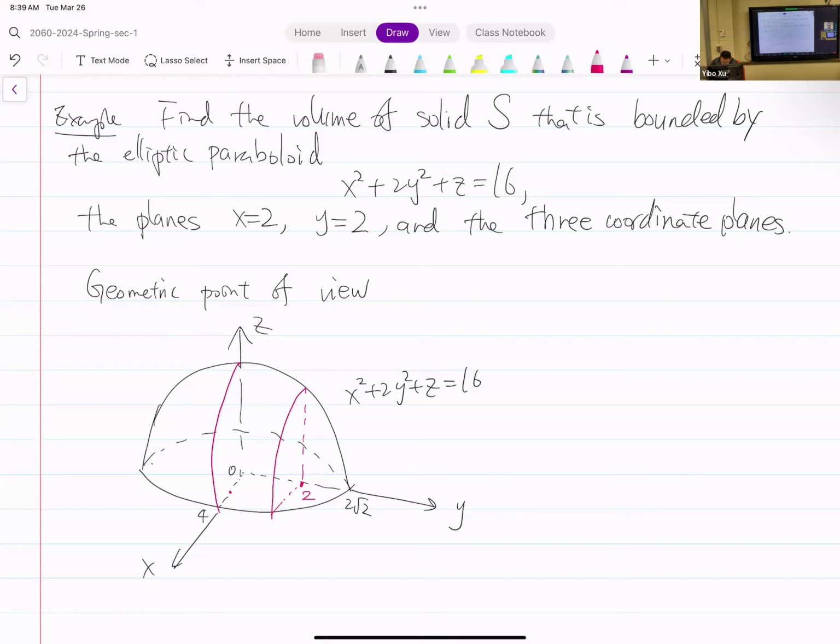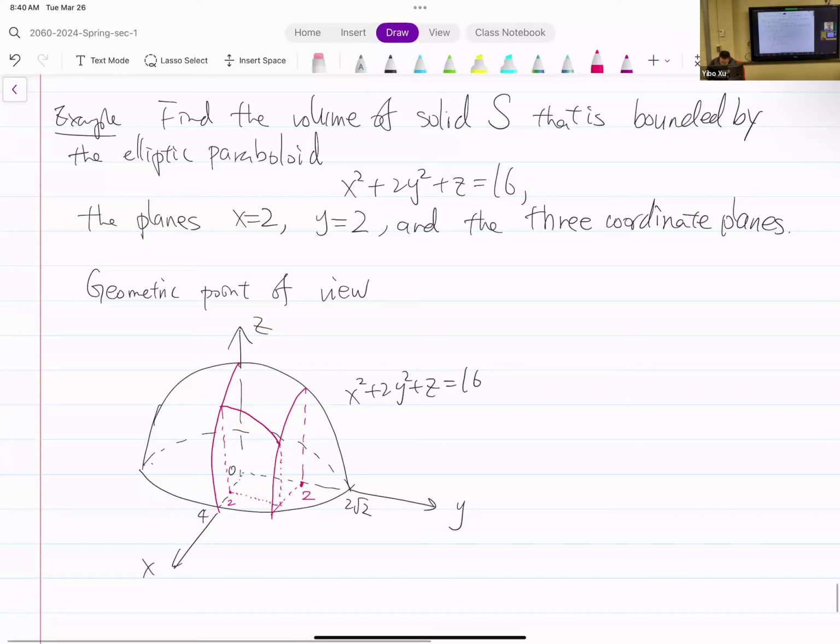So x equal to 2 is here. Vertical up. And then this is the upper bounding curve.